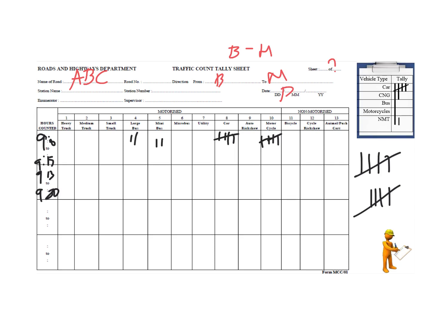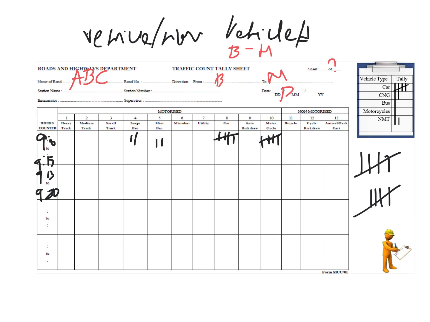Like this you will collect the details about the number of vehicles passing any particular point in a road section. Usually when traffic volume data is collected, the unit is vehicles per hour or vehicles per day.